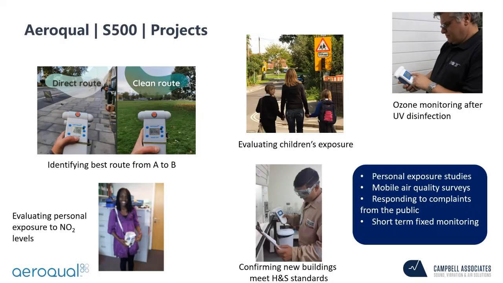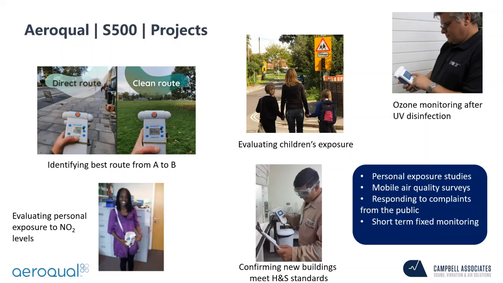We also have one of our customers who is carrying out surveys to identify the best route for people to walk from A to B. So for this application, you can use the NO2 sensor head or the PM2.5 and PM10 one. This is actually very useful, for example, to evaluate children's exposure.